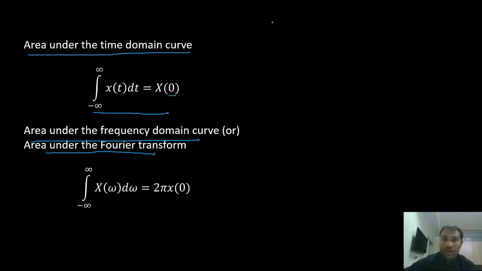So what is the Fourier transform? X of omega is equal to integral from minus infinity to infinity of x of t e power minus j omega t dt.